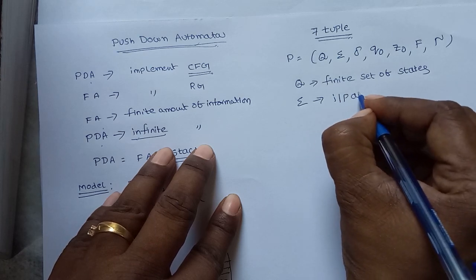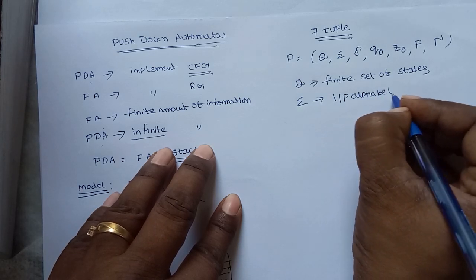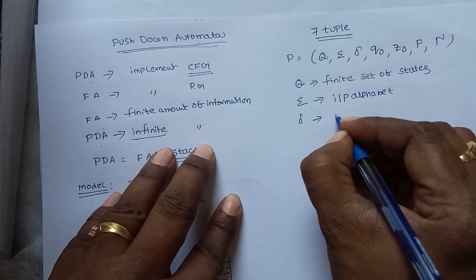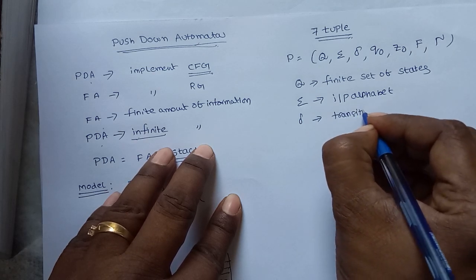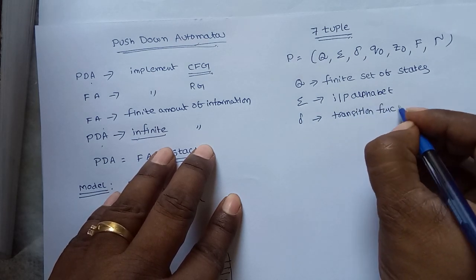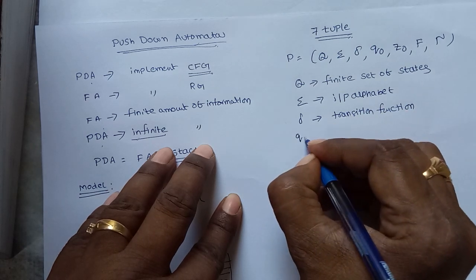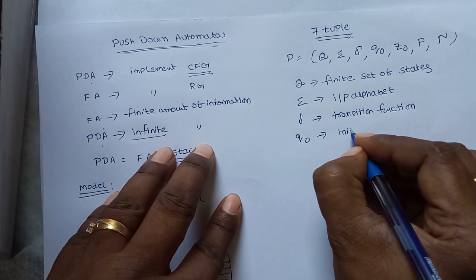Sigma is input alphabet. Delta is a transition function. Later I will write the transition function. Q naught is initial state.